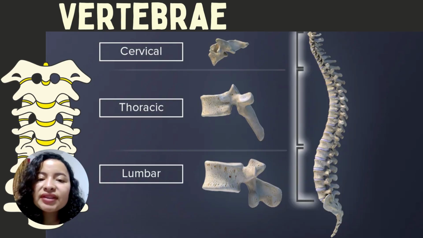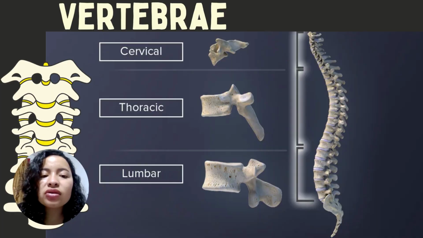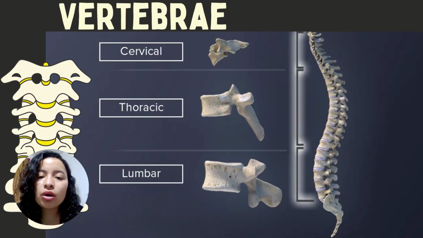Vertebrae. The vertebral column or spine is defined as the bony structure that extends from the base of the occipital bone in the skull to the tip of the coccyx. Within the vertebral column lies the vertebral canal, which contains a cylindrical structure of nervous tissue, the spinal cord.